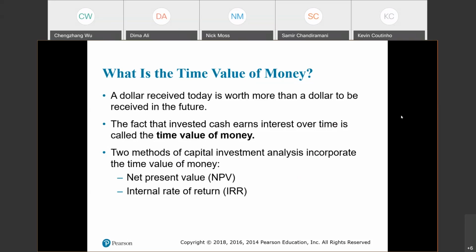And the two approaches that will be introduced today are NPV, which stands for net present value, and IRR, which stands for internal rate of return.